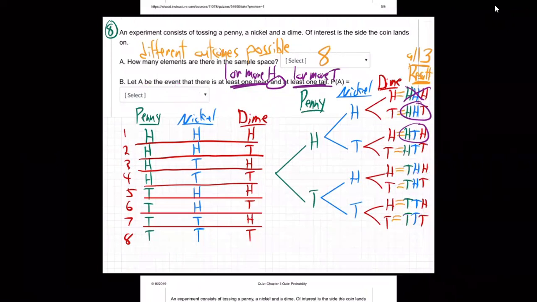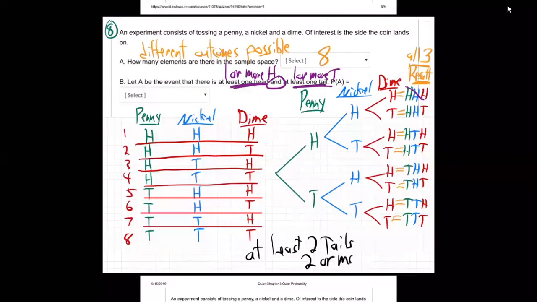So let me go back and do that one. What if they said at least 2 tails? That's one of the other versions out there. At least 2 tails, so what does that mean? 2 or more tails. Remember, at least means at the lowest, at minimum, 2 tails, maybe more.